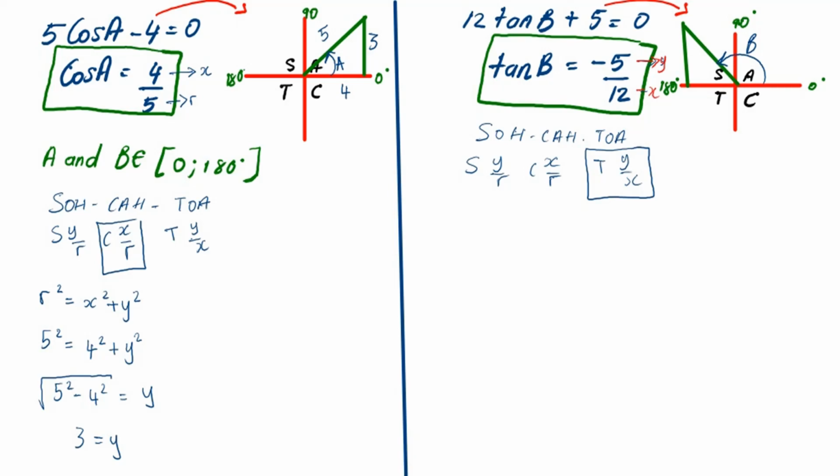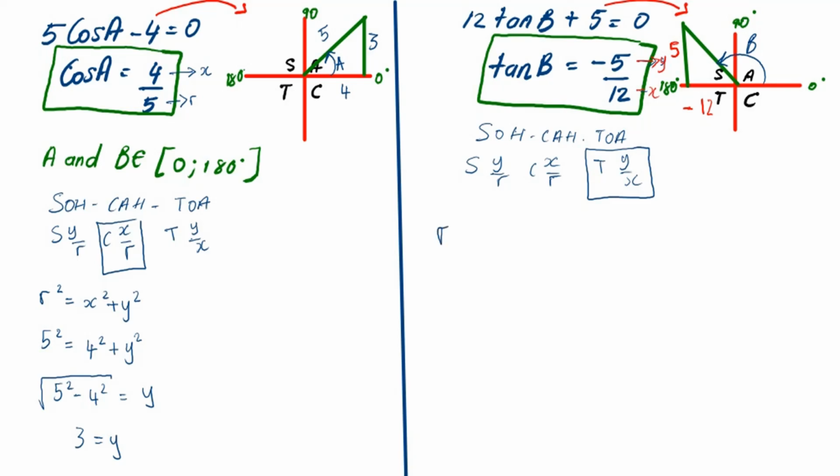To determine which value the negative applies to, we need to go onto our diagram. On our diagram, we already know that your y is equal to 5 and that the x is equal to 12. What do you see? Because you're in the second quadrant, your x values are negative. Therefore, the negative applies to your x. From here, we can use the theorem of Pythagoras to calculate the value of r.